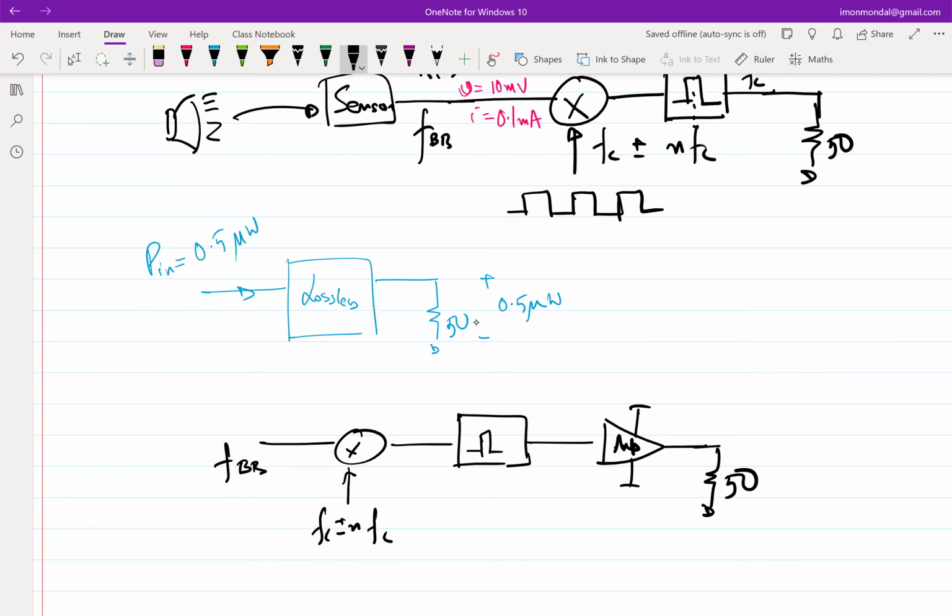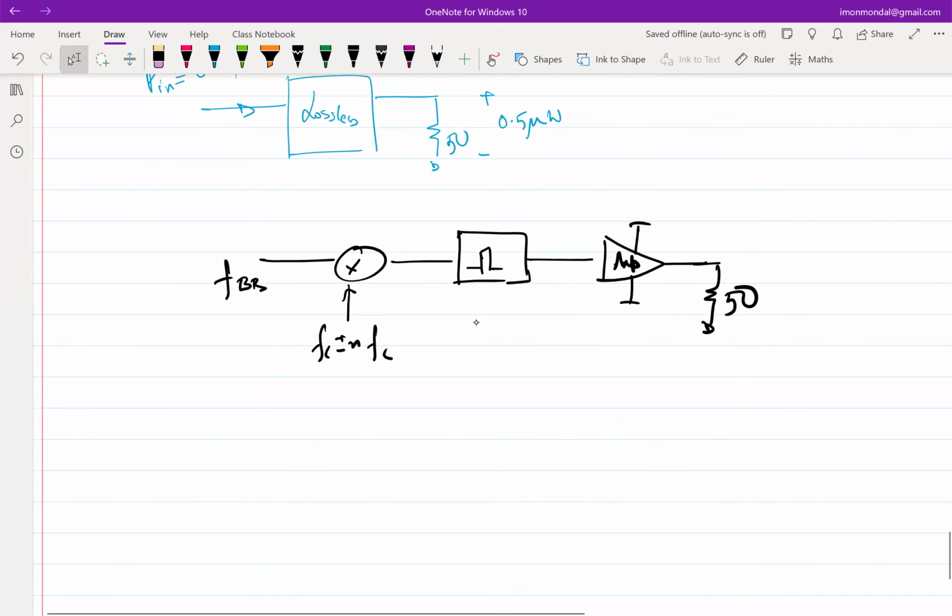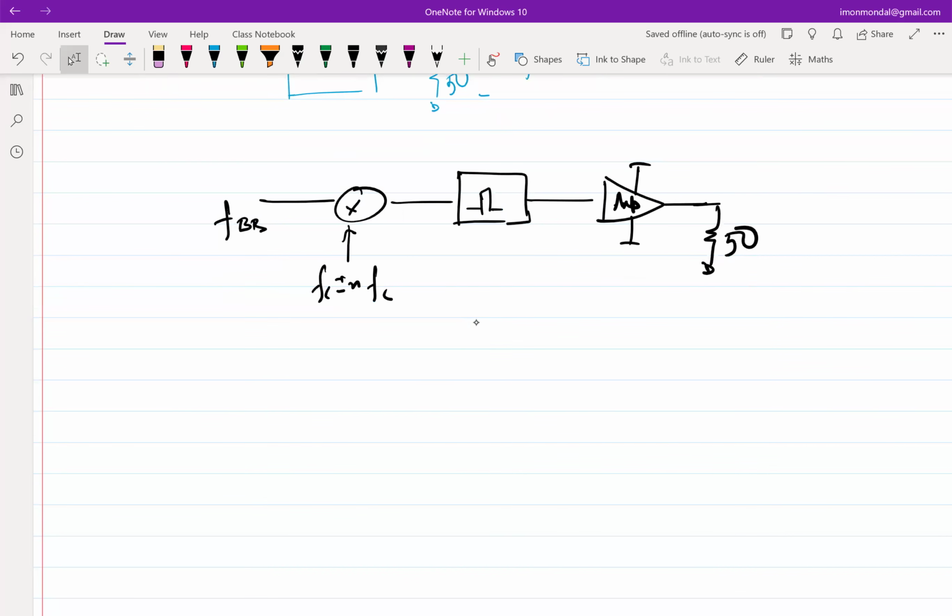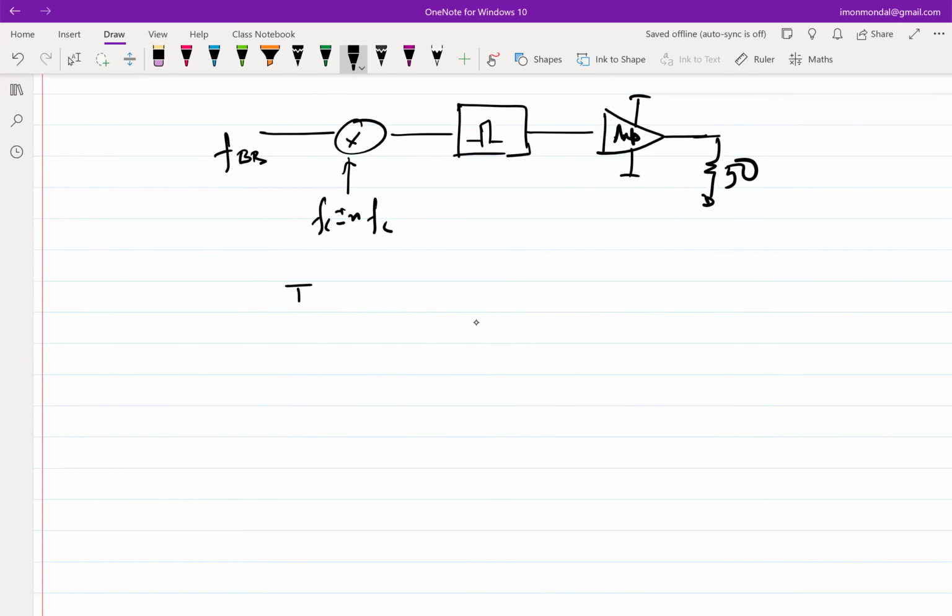Then you basically mix and match and do all sorts of trickery to fix something else. But at its core, everything is a common source amplifier. So let's see if a common source amplifier does this job. So I put a common source amplifier.